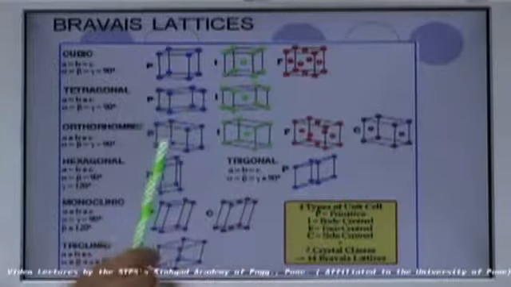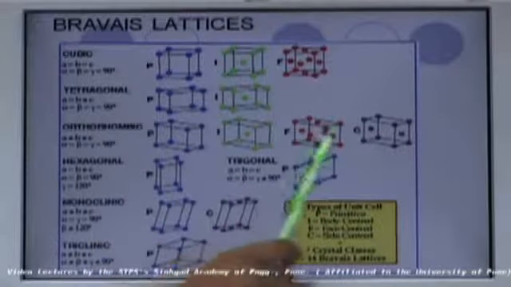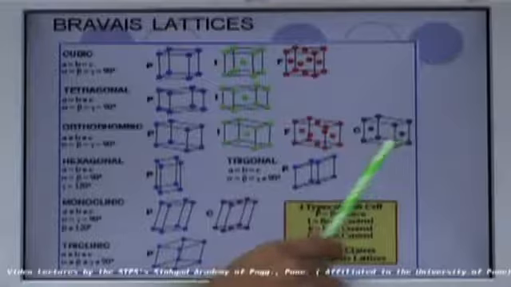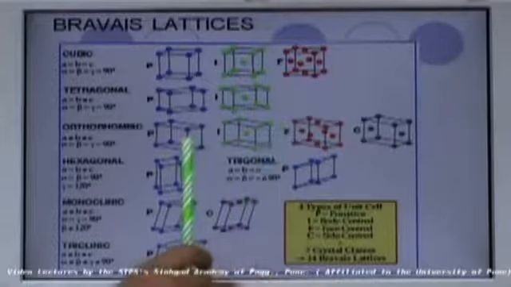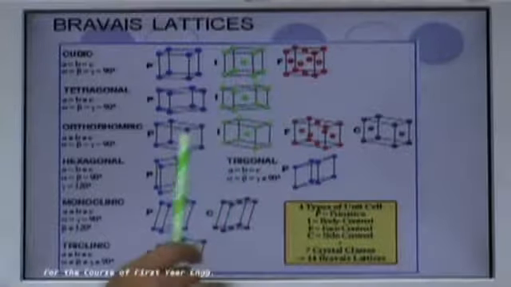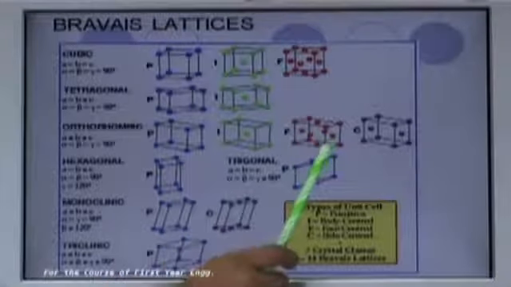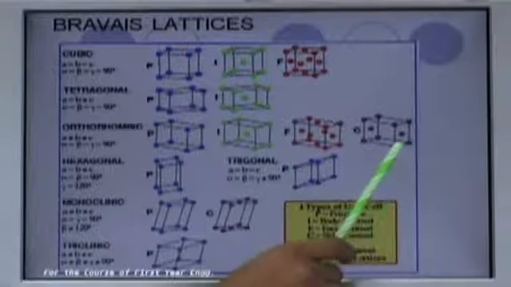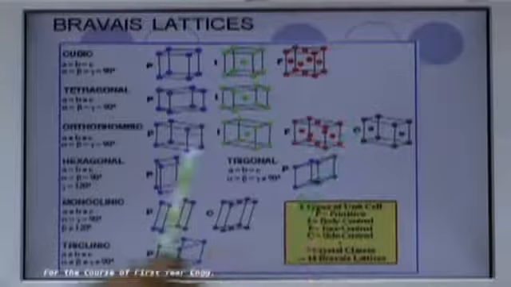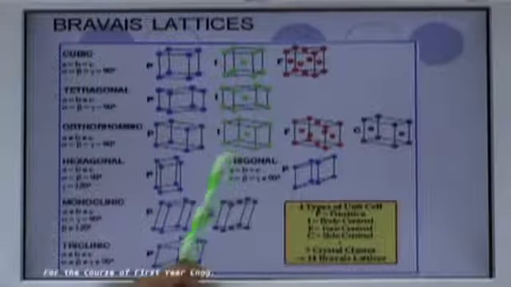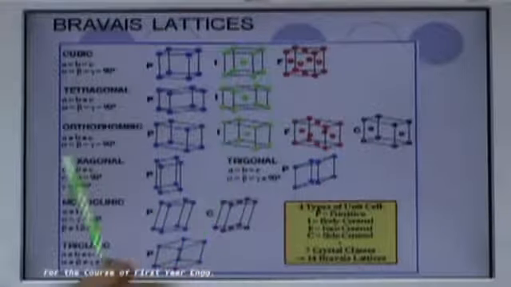So primitive, then body centered, face centered and side centered. So here we can observe where are the lattice points. Blue, green, red and orange circles are telling us the positions of lattice points.